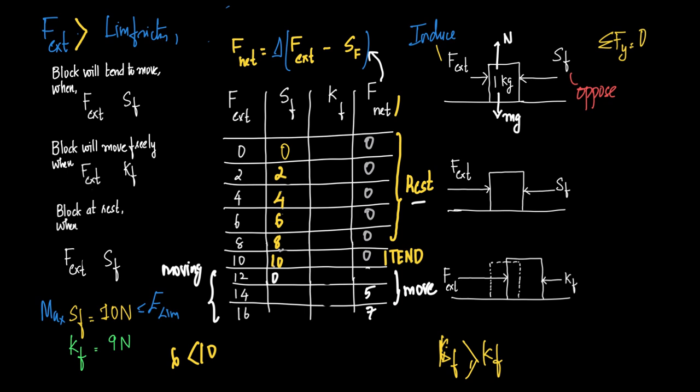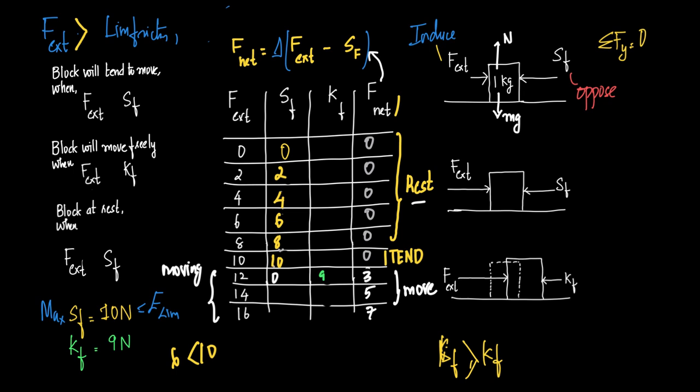When it starts to move, which friction will come into picture? Kinetic friction will come into picture, and we will have to include that value here. So this time the net value will be F external minus, instead of static friction, kinetic friction, and therefore 12 minus 9, what we get is 3.